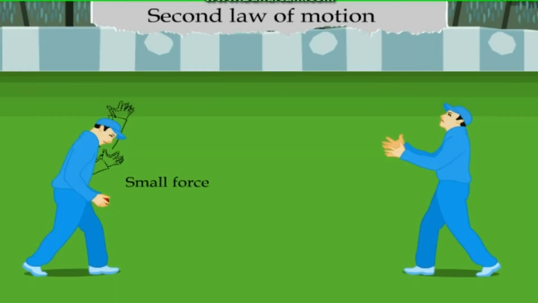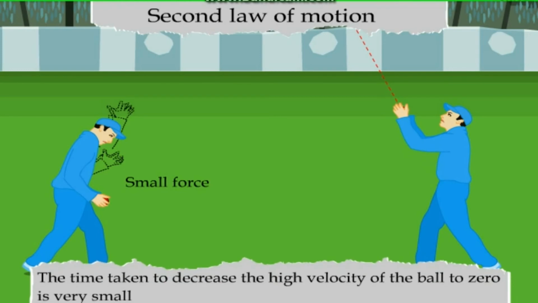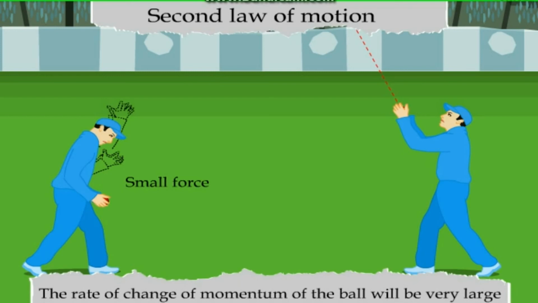However, if the ball is stopped suddenly, the time taken to decrease the high velocity of the ball to 0 is very small. Due to this, the rate of change of momentum of the ball will be very large. Hence, it will exert a large force on the player's palms, and he may get hurt.